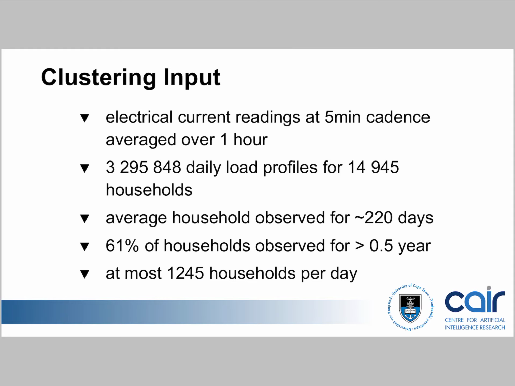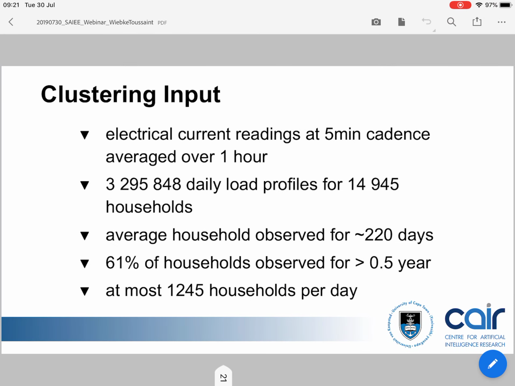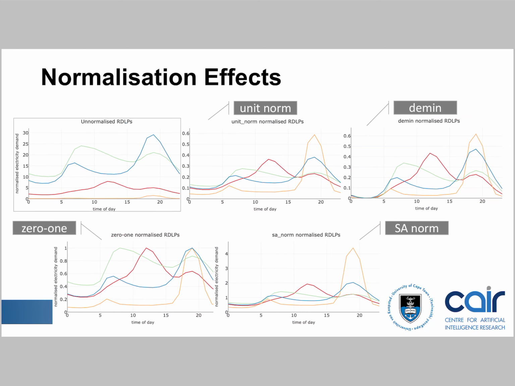So it's a yearly time frame over which that household was monitored. On average, households were observed for about 220 days within that yearly period, and 61% of households were observed for more than half a year. At most, 1,245 households were observed on a single day.